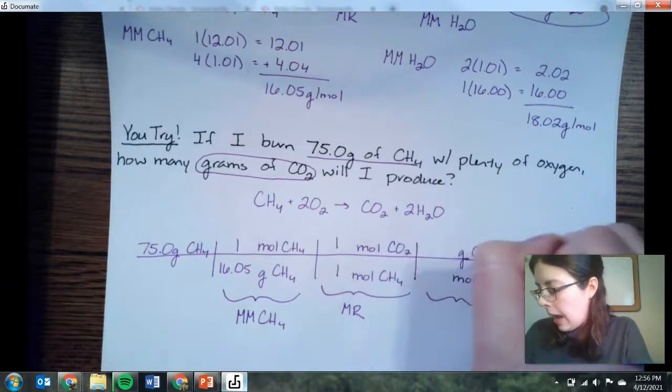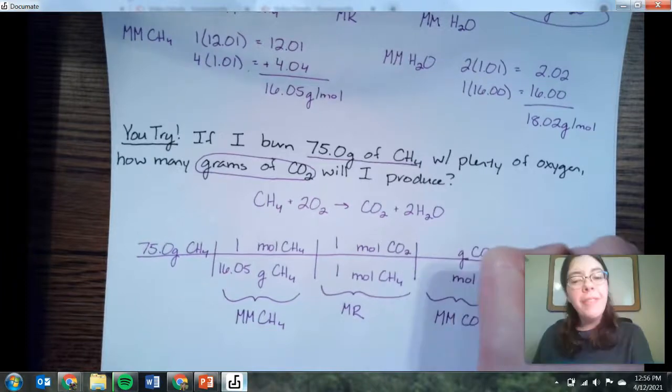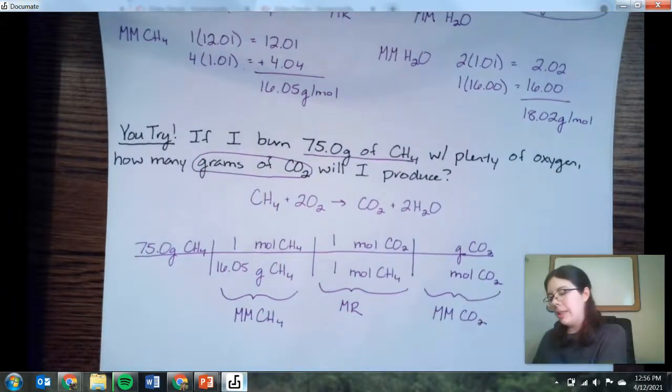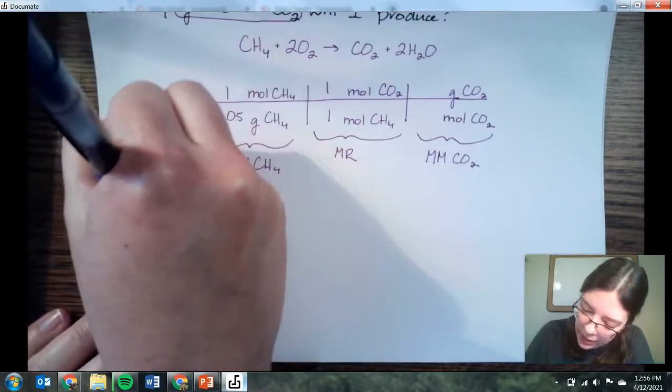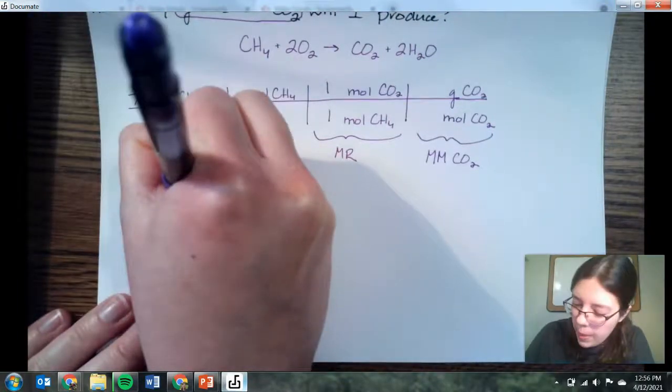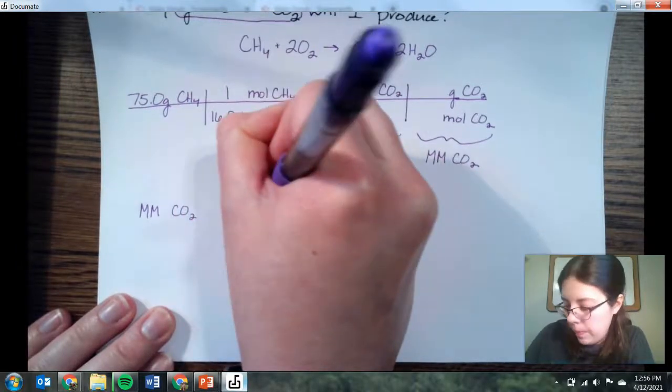And then the final thing, I need the molar mass of my carbon dioxide, which I have not yet calculated. I will need to do that. So if I look on my periodic table, I have 1 carbon. Carbon has a mass of 12.01.